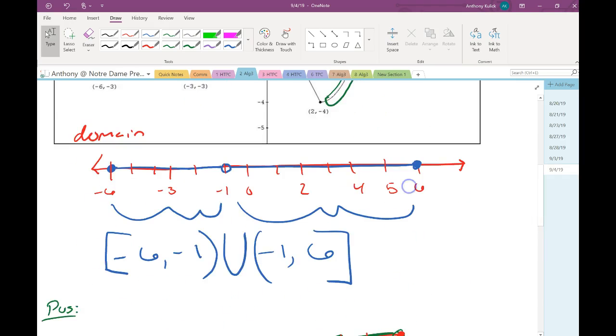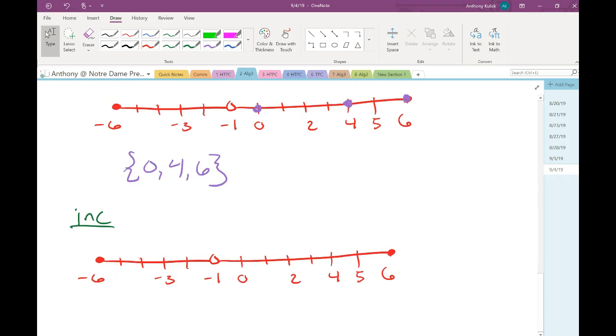So I'll go down to my number line. I went from -3 to -1. And remember when we did the increasing, decreasing, constant parts, the endpoints are really going to always be parentheses, so they're just all going to be open circles.